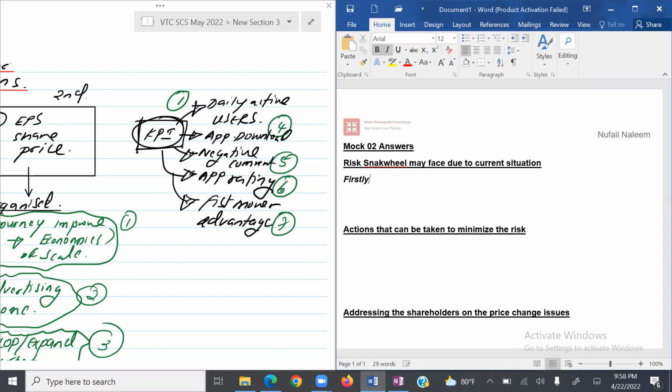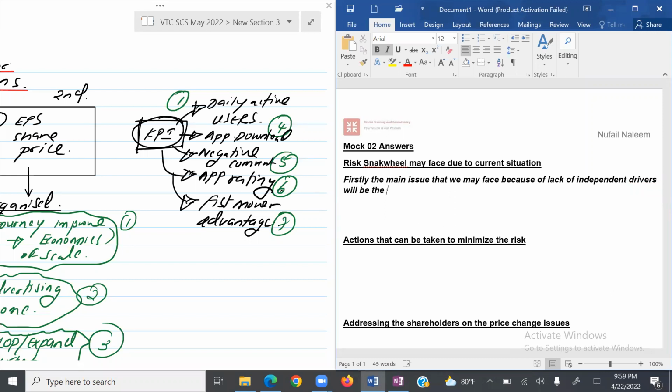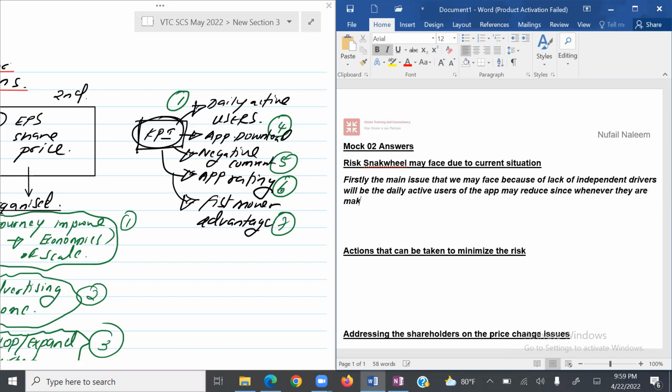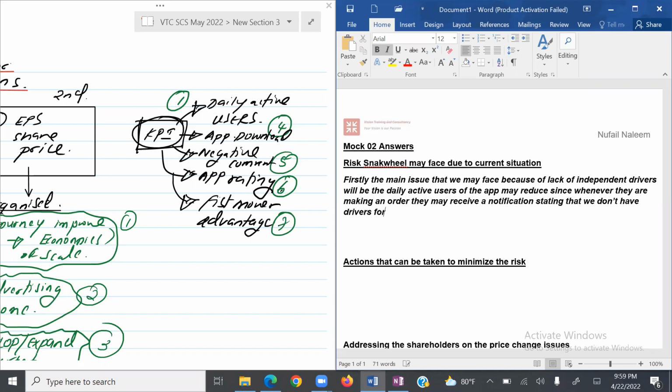So I'll write in here: firstly, the main issue that we may face because of lack of independent drivers will be that the daily active users of the app may reduce, since whenever they are making an order, they may receive a notification stating that we don't have drivers for the moment.